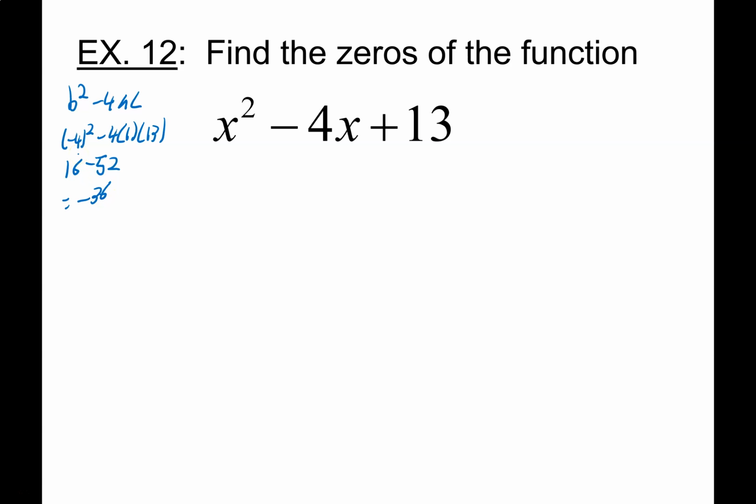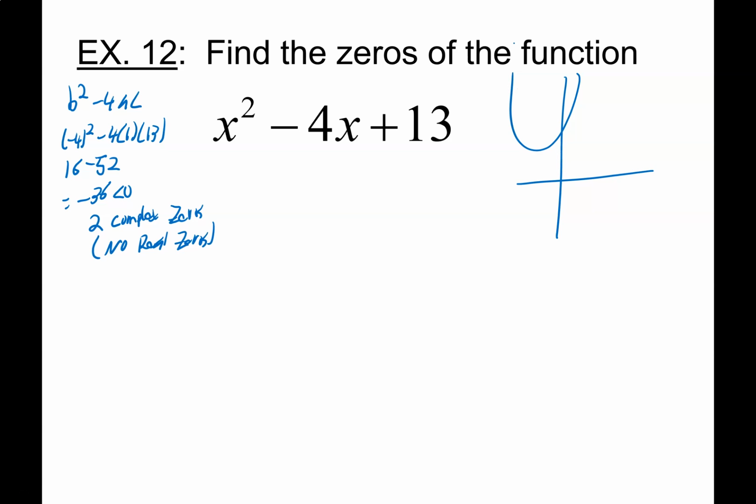Last time I checked, negative 36 is not a perfect square. 36 is, negative 36 is not. So since that is less than 0, I know I'm going to get two imaginary or two complex zeros. Or if you wanted to say no real zeros. Meaning what's going to happen? Well, this guy's never going to cross the x-axis.